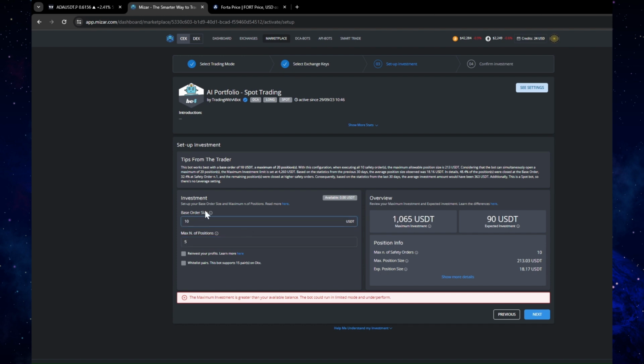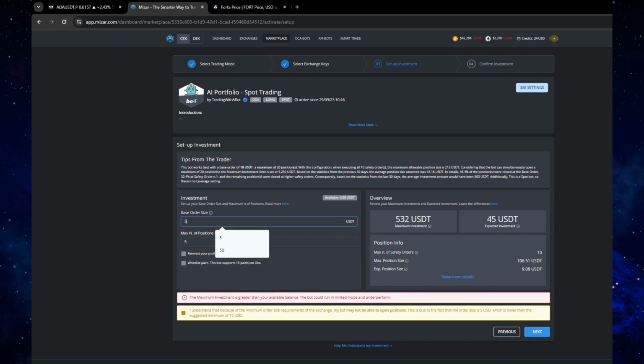Next, what is your base order size? Here there are two considerations. One is the exchange minimum order size. The majority of exchanges will accept as low as 5 USDT for the initial purchase, the minimum amount you can spend to buy a token.